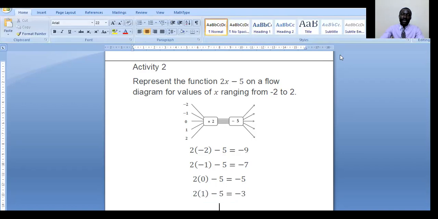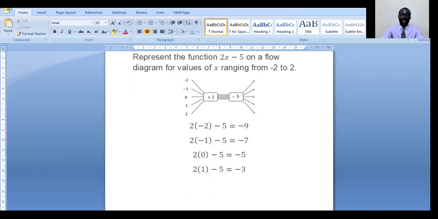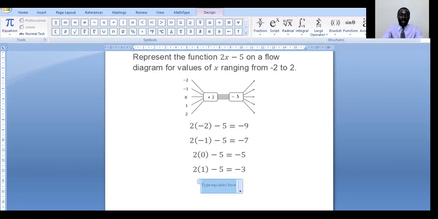And then the next is for the value of x equal to 2. So we are going to have 2 times 2, then minus 5. This is the same as 4 minus 5, and that's going to give minus 1.